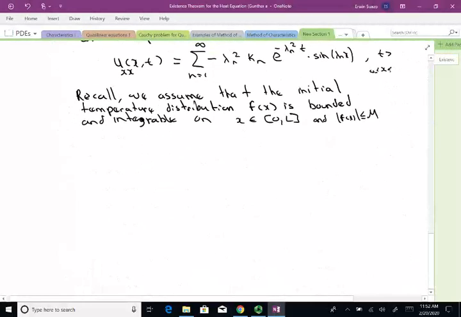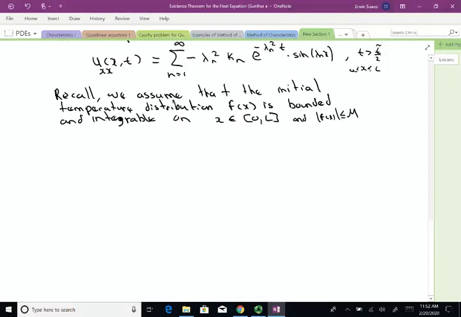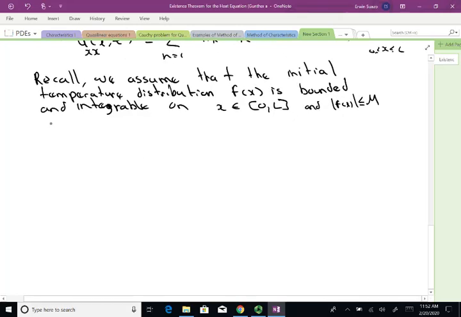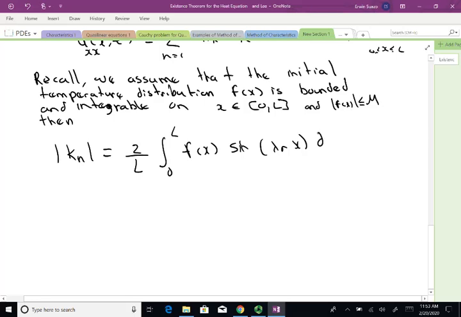Because f is bounded and integrable, then the absolute value of k_n, remember that the k_n are given by 2 over L integral between 0 and L of f of x sine lambda n x dx.